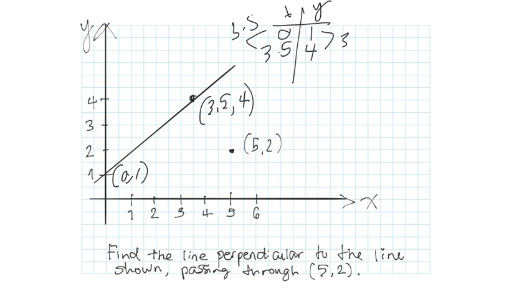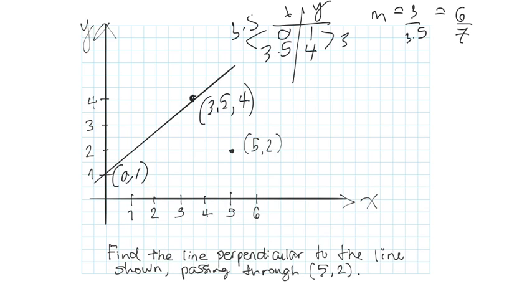And so our slope is 3 divided by 3.5. Or another way of writing that you might find easier to work with is 6 divided by 7, which is the same thing. Okay, so now we have our slope.